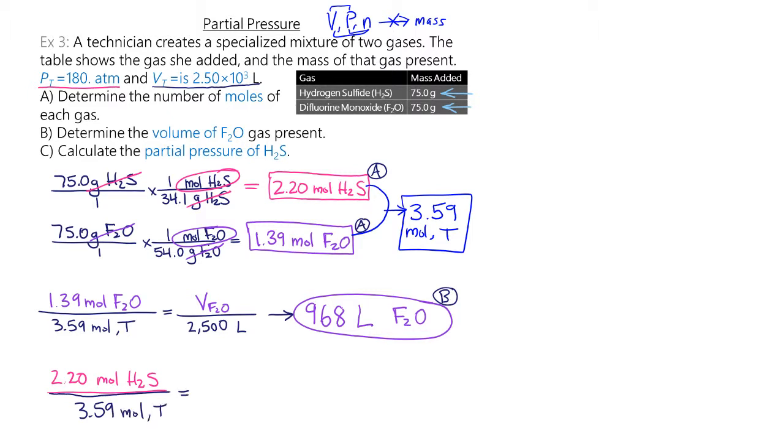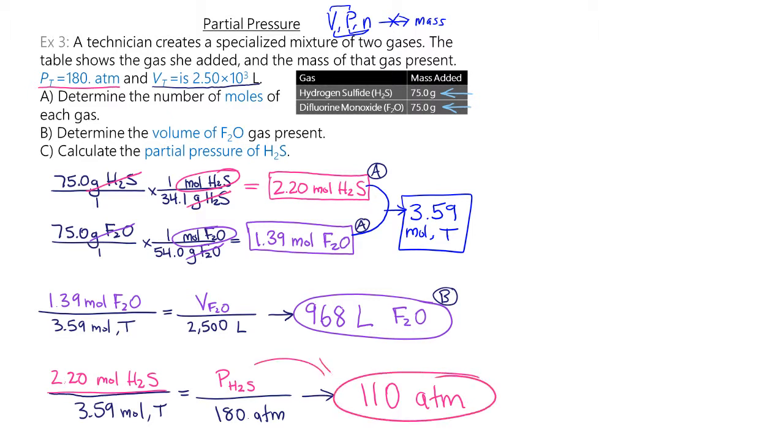And that is equal to the partial pressure of H2S over the total pressure, which is 180 atm. Cross multiply, and you'll get an answer of 110 atm, which would be the partial pressure of the hydrogen sulfide gas.